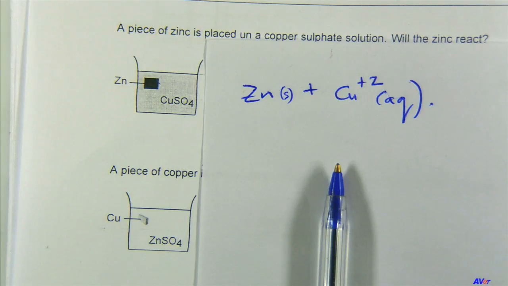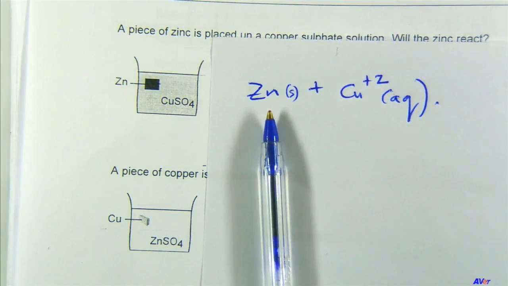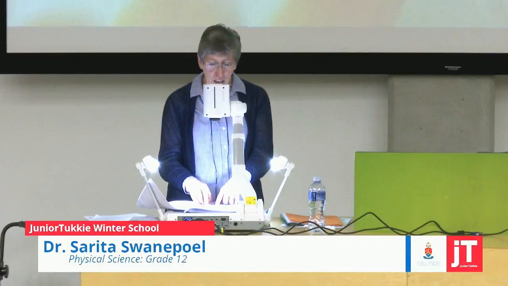What does the zinc want to be? Zinc or zinc 2+? It wants to be zinc 2+ to go into solution, to go to the movies. So it prefers to be with a charge, not sitting at home.